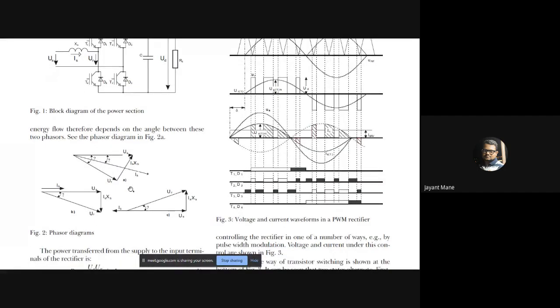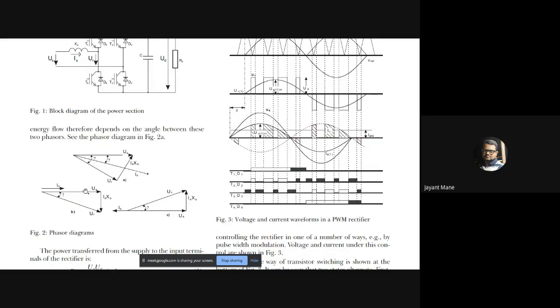So we can have other scenarios also. We can adjust the pulse width modulation such that VS and IS will be in phase. Okay, VS and IS could be in phase. We can adjust the firing to such a value.